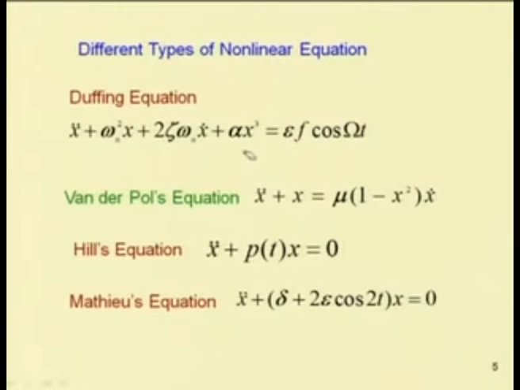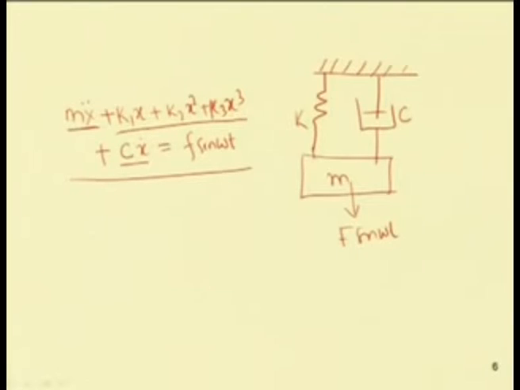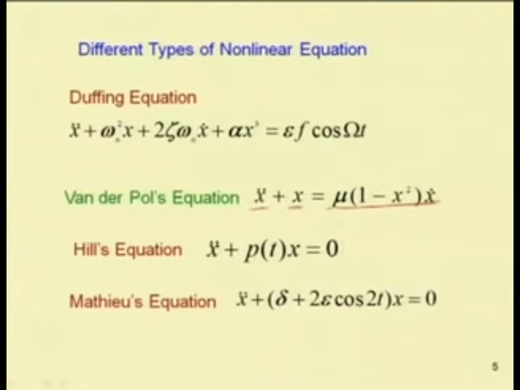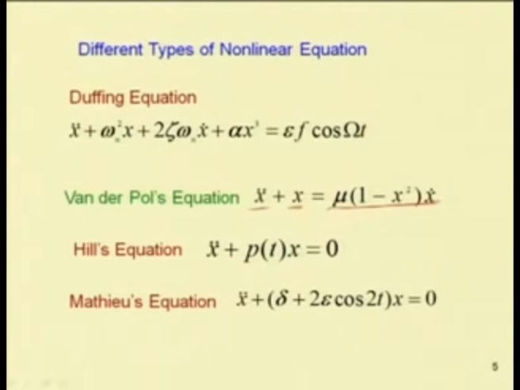Also we have studied the van der Pol equation. In this case the forcing can be of this form. This is the inertia force, that is x double dot, then this is the spring force, and we have a nonlinear damping term here. So, the equation can be written x double dot plus x equal to mu x dot minus mu x dot into x square.